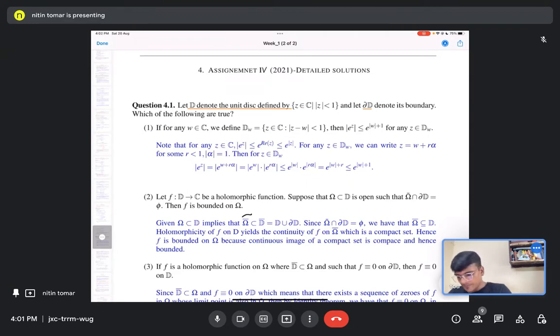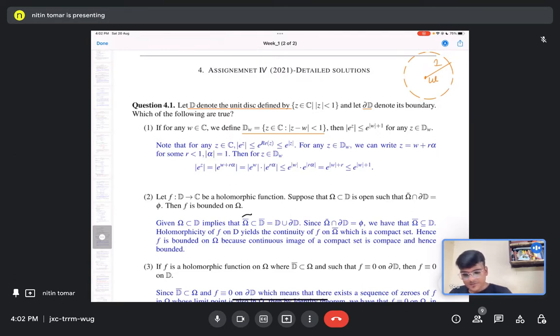Okay, so the first part is, if you define D_w, so what is D_w? Here you have w and you take radius 1 from this center and you draw a disk. So everything inside is D_w.